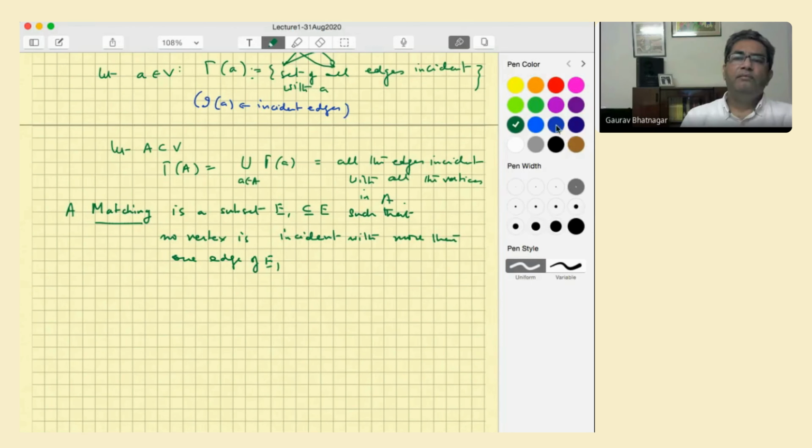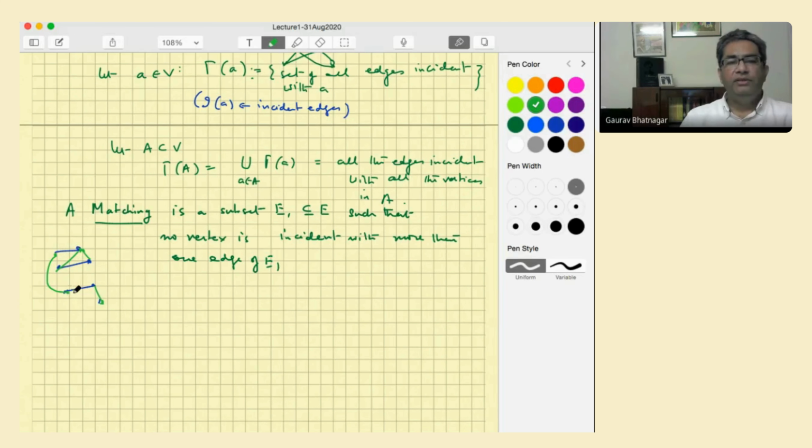So what we are trying to do is that you have some graph, and you're trying to make some kind of matching. So there may be a graph which I'm going to draw in green. These blue edges form a matching.